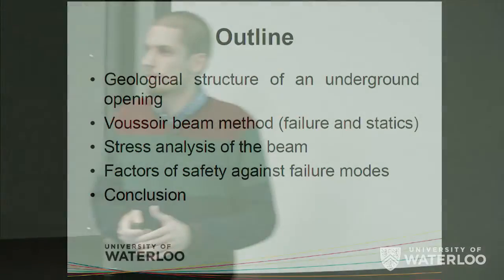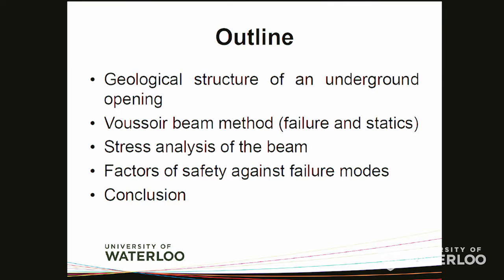First of all, I'm going to talk about the geological aspects of the problem, the roof layer of an underground opening, and then I get to go to the Voussoir beam method, different modes of failure, and I'm going to briefly explain the basic ideas of this method.